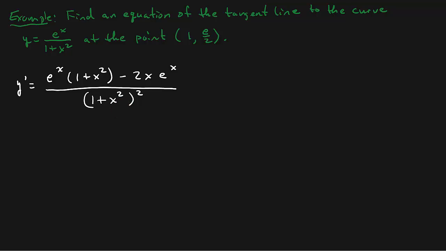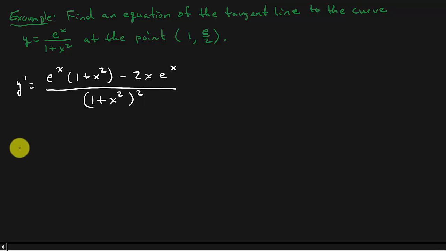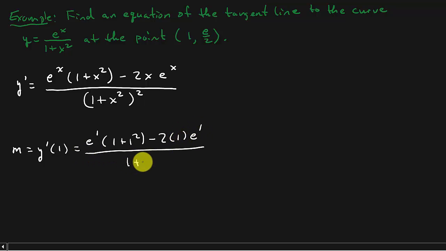So all I'm concerned about is, what do I get when I plug 1 in for x? Okay, so let's just do that. So the slope is the derivative evaluated at 1. So that's e to the first times 1 plus 1 squared, minus 2 times 1 times e to the first, over 1 plus 1 squared, squared.